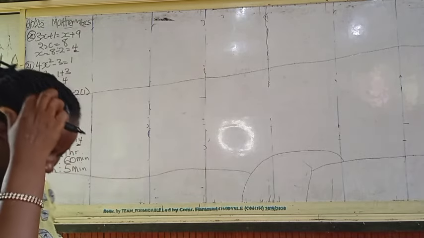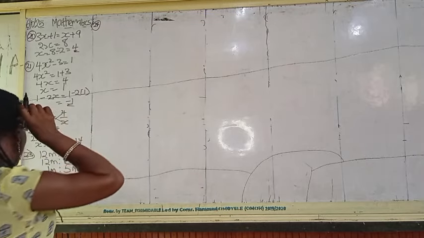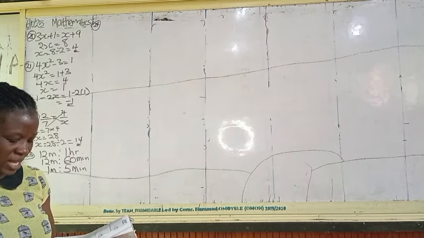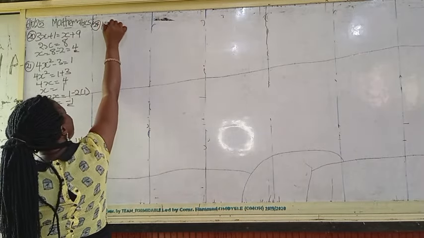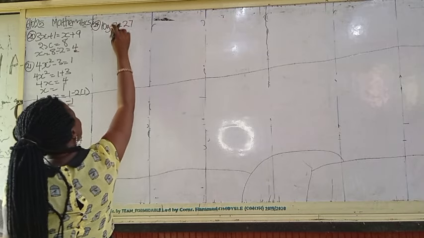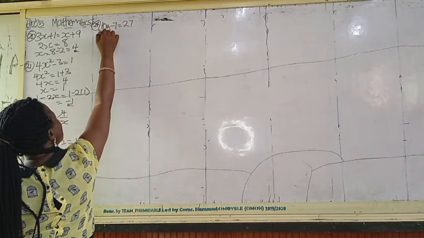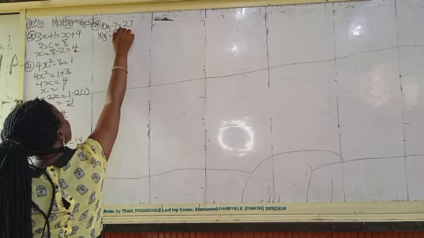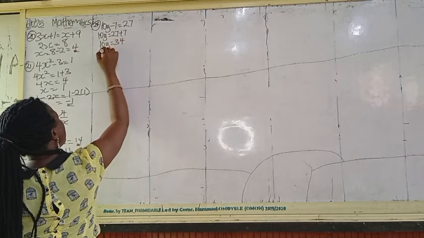So now to our number 24 question. Solve the equation 10y minus 7 is equal to 27. 10y minus 7 is equal to 27. Let's take this 7 to this place, it turns to plus. Now it will be 10y is equal to 27 plus 7. 10y is equal to 34.